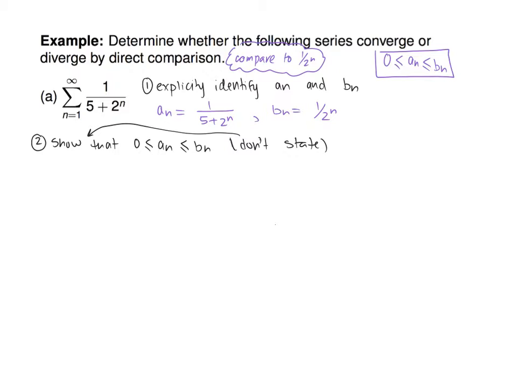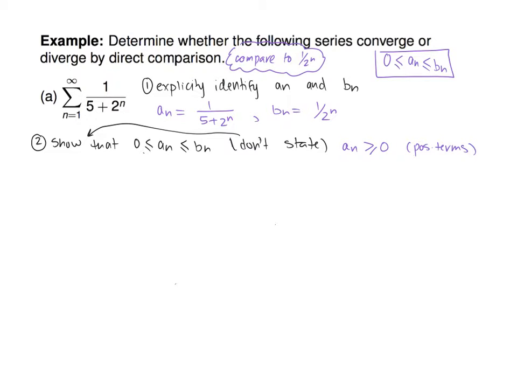It's like politicians. Fact check. I want you to prove to me that it's true. Well, 0 would obviously be less than all of it, right? Yeah, we know terms are positive, right? Does that make sense? So A sub n, B sub n are positive. So A sub n certainly is bigger than or equal to 0. That's easy enough, or just state, we have positive terms.